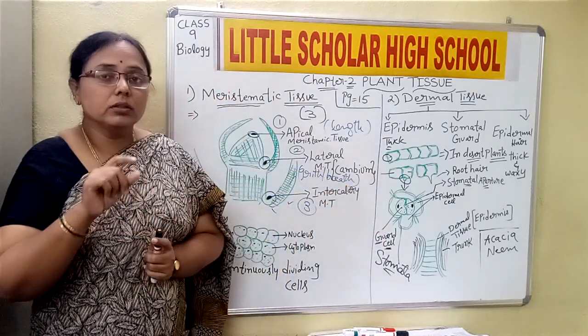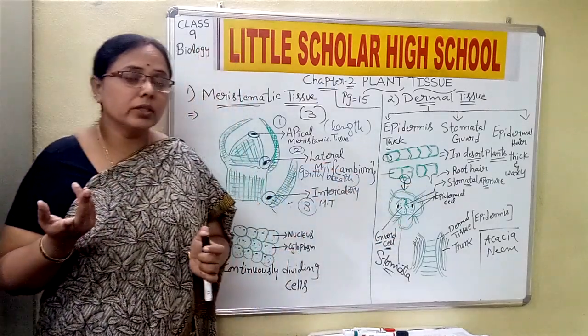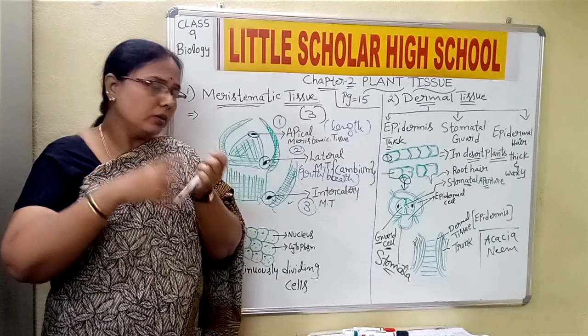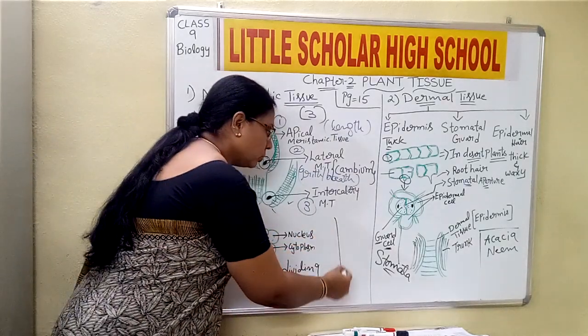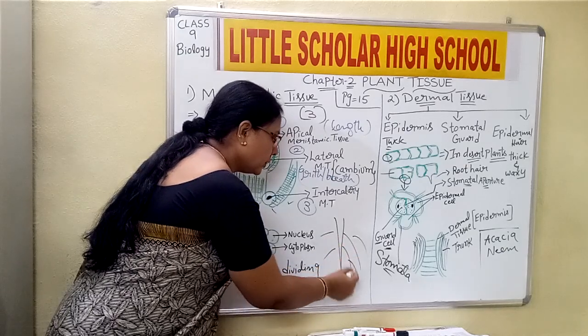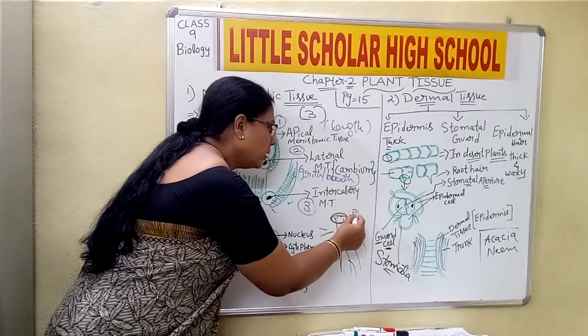Okay children, now we shall move to the root hair. Now what are these root hairs? We have the main root, and from this we have different kinds of root hairs arising. From where are they arising? It is again arising from the epidermis only.